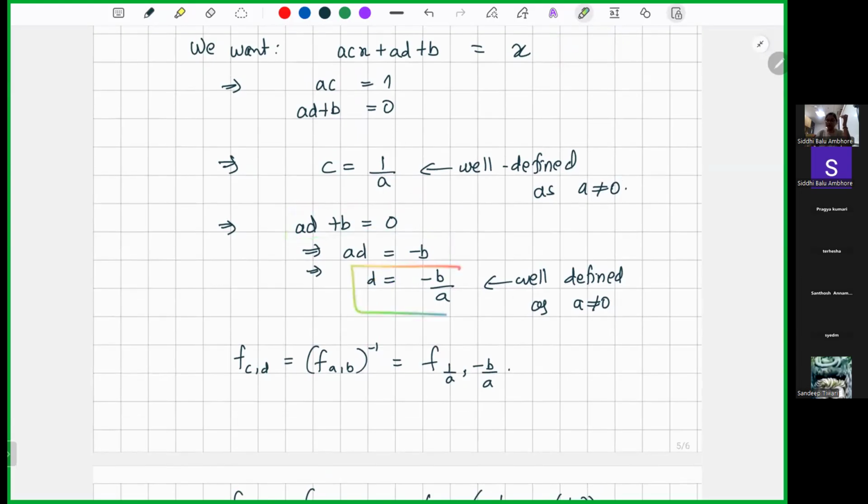The moment I fix this f(a, b), this d also gets fixed. So by the very calculation, the way we have constructed the inverse of my element f(a, b), I get that it is unique, because it depends on the a and b which we started with.